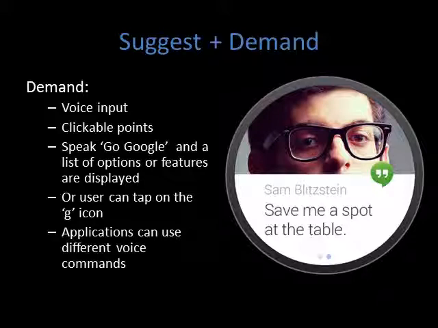So if you are traveling in a noisy environment and you don't feel it's best to speak out loud in a train saying go Google, and people would be surprised, hey, what is this guy talking about? In those cases, you can just tap on the G icon on the screen, and that would render the same search screen.